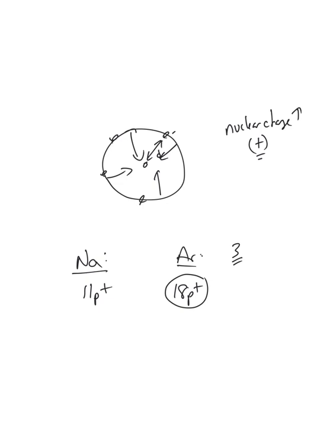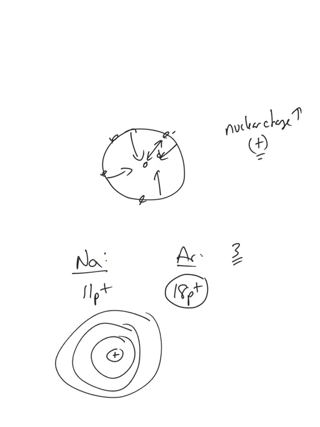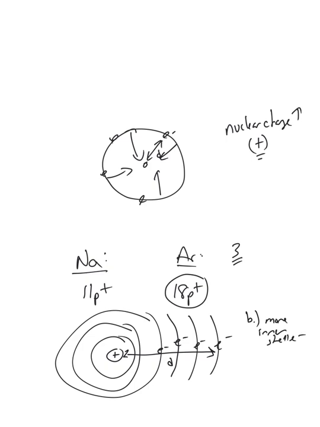Going down a family, sodium has got its valence electrons on the 3rd floor. The next element down, potassium, and so on and so forth. So as we go down a family, the distance between the valence electrons and the nucleus is increasing. There's a secondary fact, and that is we have more inner shell electrons. The inner shell electrons are the electrons that exist between the valence electrons and the nucleus.